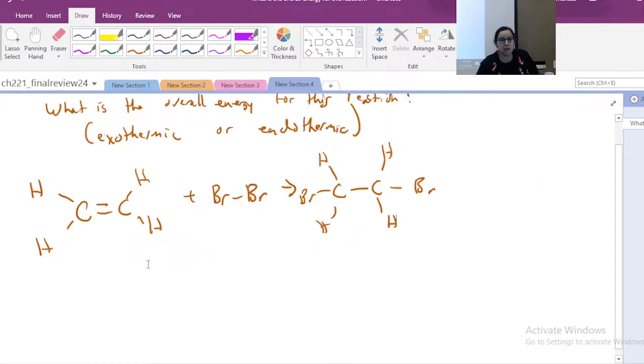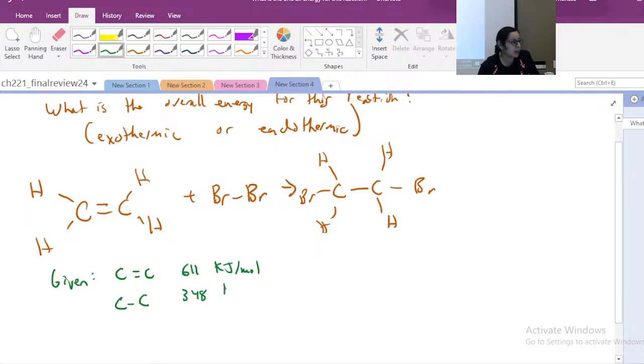And let me give you some bond energies that will be helpful. So given the following, a C double bond C is worth 611 kilojoules per mole. A C single bond is worth 348 kilojoules per mole. A bromine single bond is worth 193 kilojoules per mole.